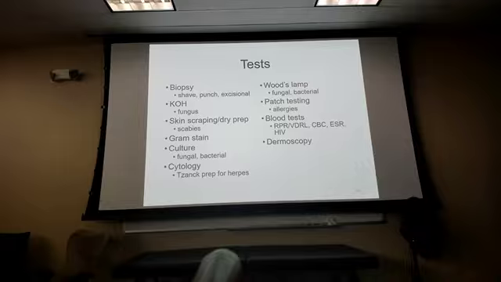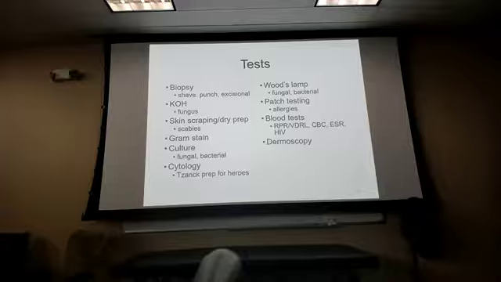If you're going to scrape at it, yeah, that could be some type of scabies. Gram stain, culture, cytology. That's the Tzanck prep that we're going to talk about in block 2 once we get into those herpetic diagnoses. Wood's lamp. That's going to be one of the things that we talk about in the next block as well.